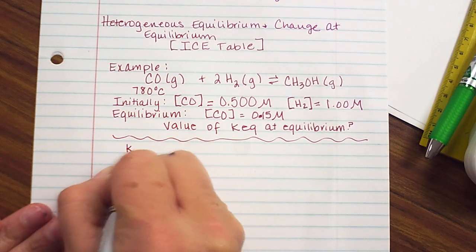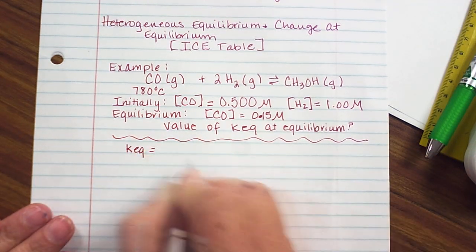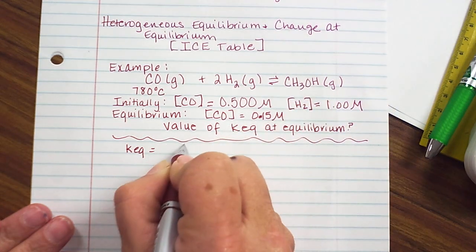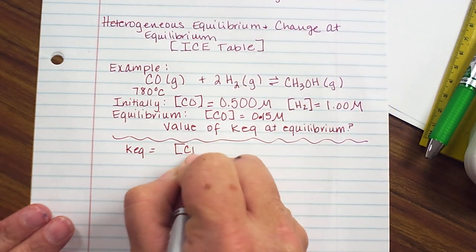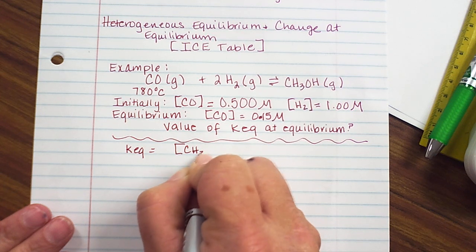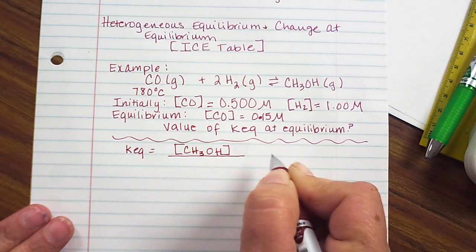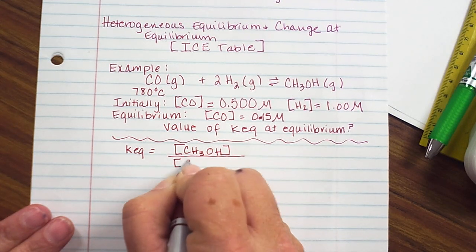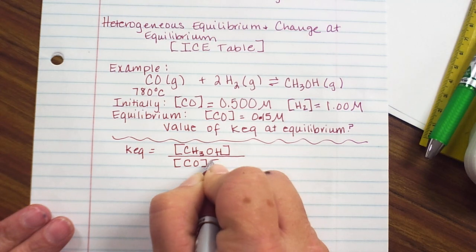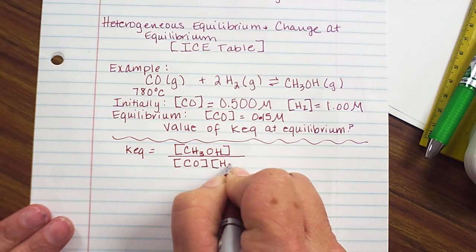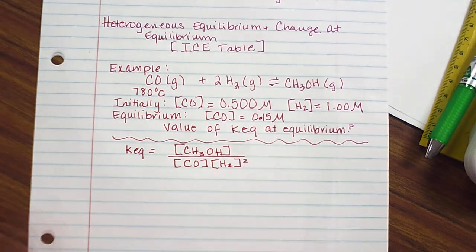We know our KEQ is going to be equal to the concentration of the methanol at equilibrium divided by the concentration of the carbon monoxide multiplied by the concentration of the hydrogen squared. And this is all going to be at equilibrium. So we want to know, what are these concentrations when the reaction has hit equilibrium?